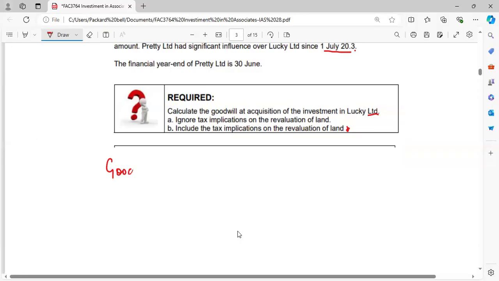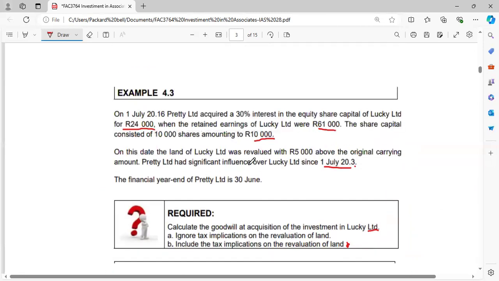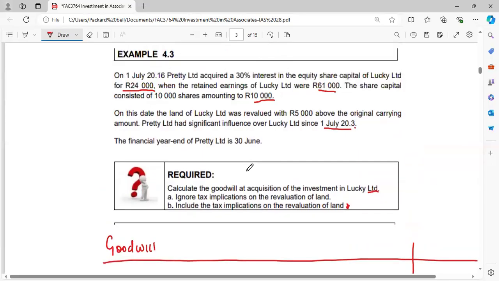So we're going to have 30% significant influence. What we just need here is the share capital, the retained earnings, and the revalued land, as we want to use tax implication.